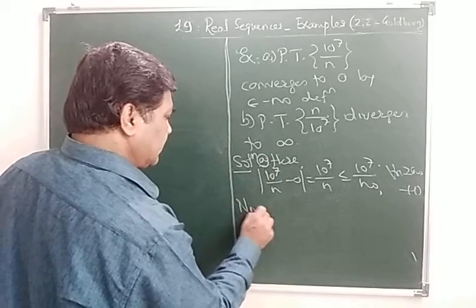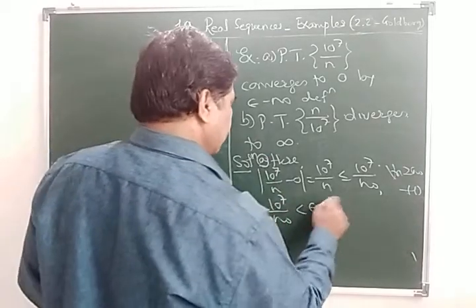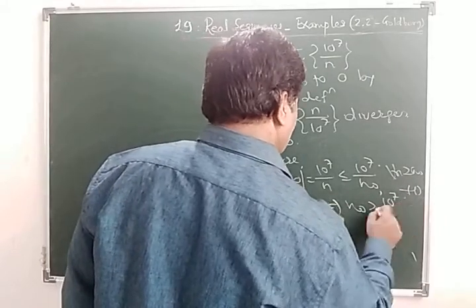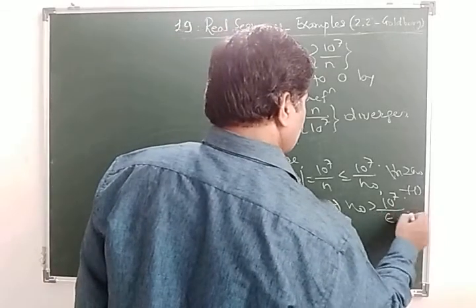Now 10 raised to 7 upon n naught is less than epsilon if and only if n naught is greater than 10 raised to 7 upon epsilon.